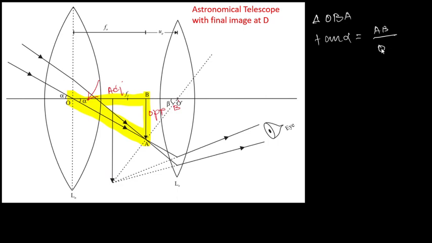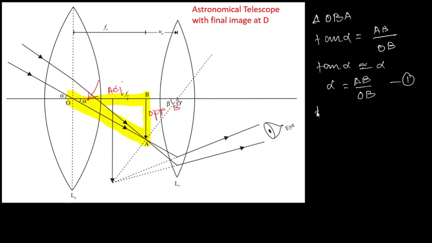So AB by OB, that is tan alpha. And for small angle, tan alpha is approximately equal to alpha. So you can call it alpha is equal to AB by OB. Now this is equation number 1.